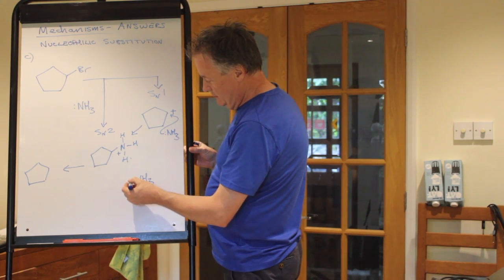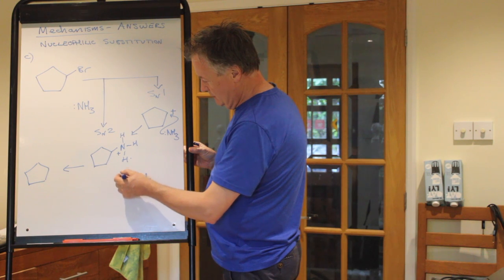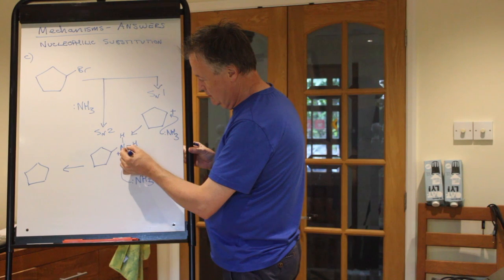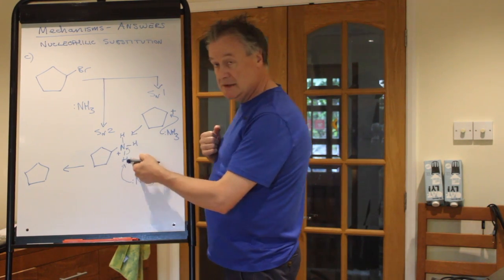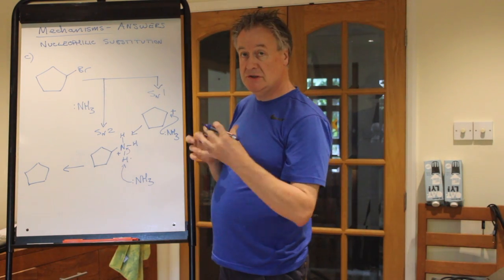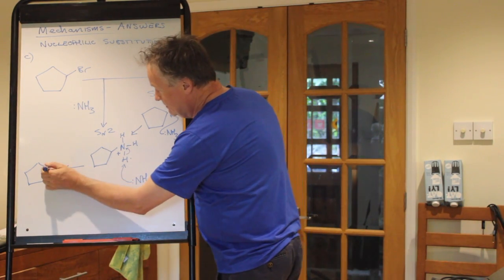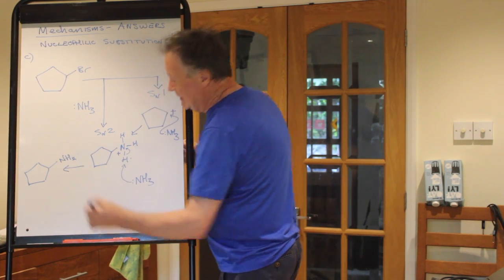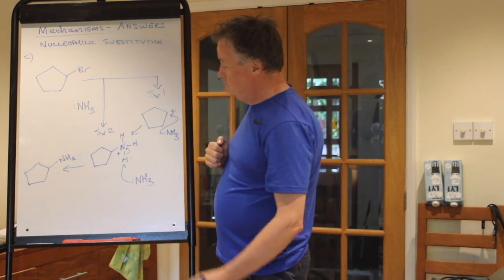What then happens, as we said in the instructional videos, is another ammonia comes along, plucks the hydrogen off, the electrons go down to the nitrogen to return it to the number of electrons it should have, and that means that we have the amine as a structure.